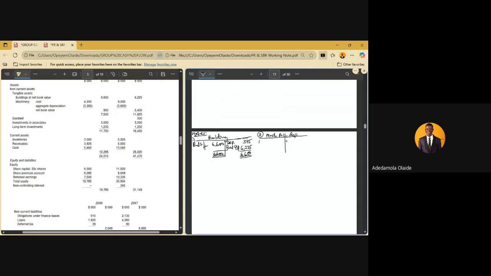Accumulated depreciation opening balance will be on the credit side, because it's a contra to the asset: 3,300. Balance carried down will be here, 3,600. Then the two things that would have caused change to this would be the depreciation charge for the year, which is the unknown, and the disposal.